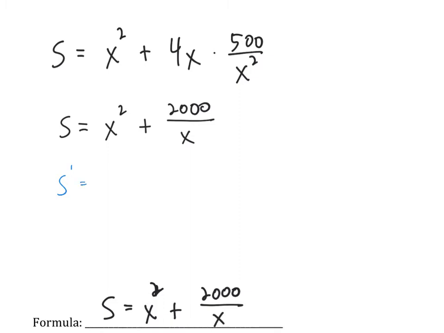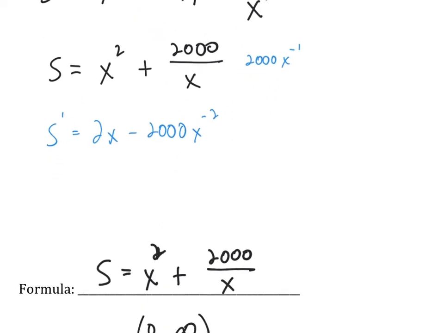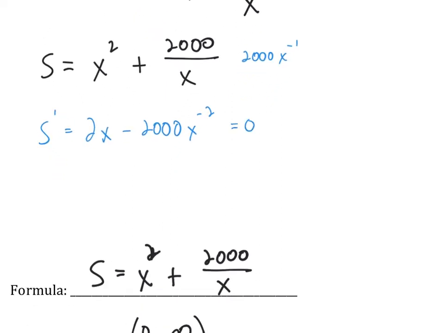Okay, so we'll take the derivative: 2x minus 2000 over x squared. Set that equal to 0. You can do this a lot of different ways. I'm going to add this to both sides, so I will get 2x equals 1000 over x squared.